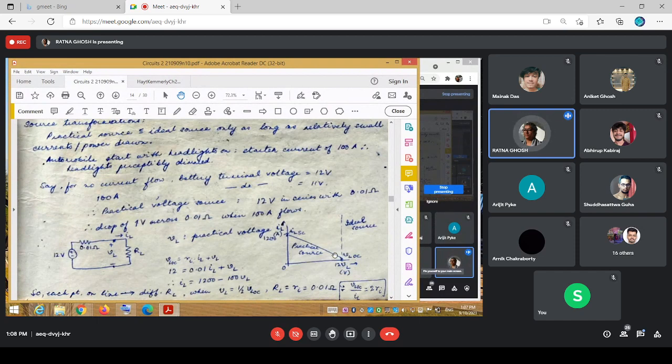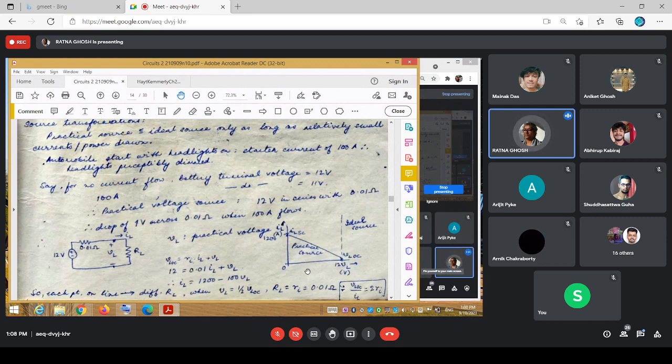Furthermore, each and every point on this characteristic relates to a different value of RL. As you keep on changing RL, you traverse along this line. RL equal to infinity, you would have VL equal to VLOC. RL equal to 0, you would have VL equal to 0 and IL equal to ILSC, the short circuit current, with interim values in between.